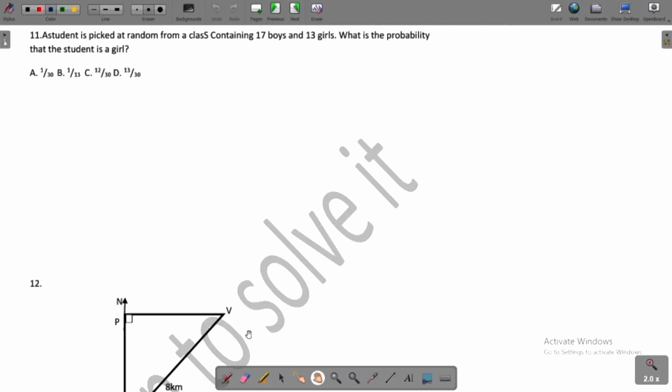The first thing is that you know the value assigned to each of the items in the question, and also the total value you have for all of the items there. So in this case, you have 17 boys.